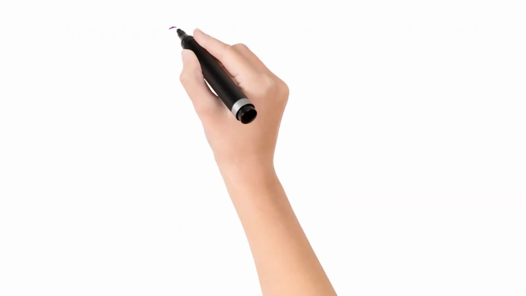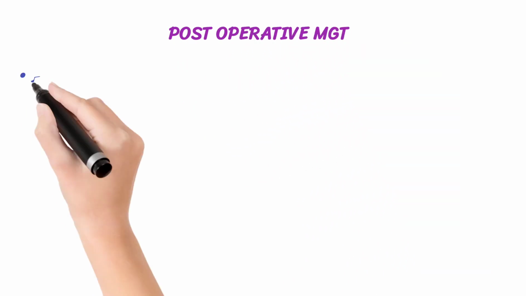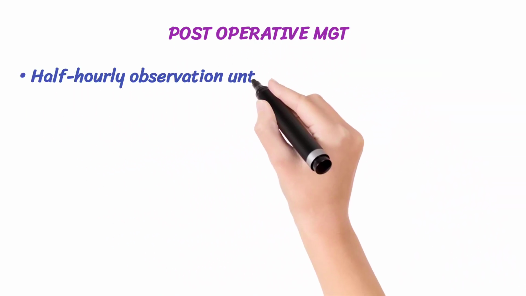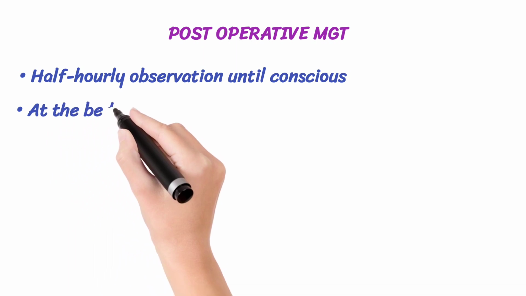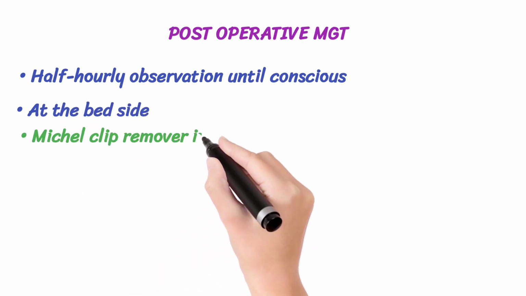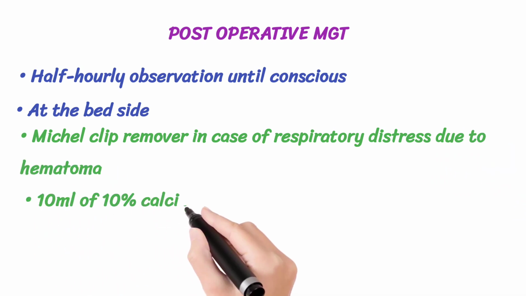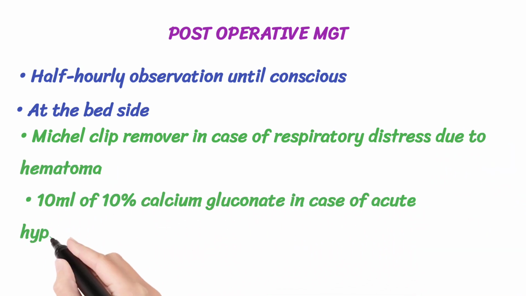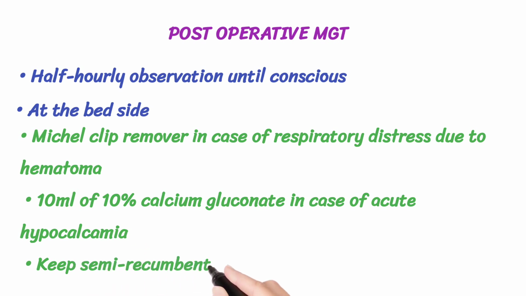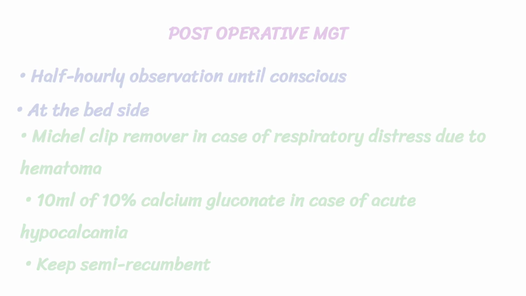So post-op, you have gone in. What's the post-op management? So half hourly, you continue to observe the patient until the patient is conscious. At the bedside, you keep a clip remover in case of respiratory distress due to hematoma, and 10 ml of 10% calcium gluconate in case of acute hypocalcemia, and then you keep the patient in semi-recumbent position.